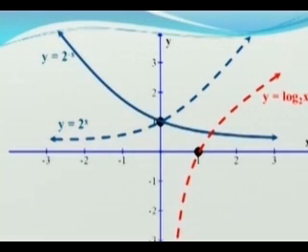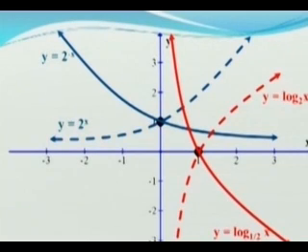Then we've also looked at y equals 2 to the power minus x, the negative exponential graph. And then from there, we went on to reflect that where we have y equals the log of x with base a half. Right? So that is the summary that I can show you of all the work we have covered.